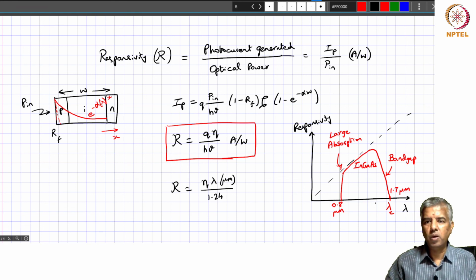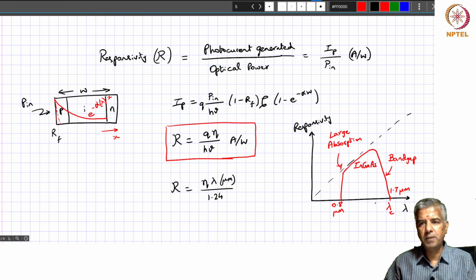But if you have sensing applications where you are using visible radiation, which is like 0.4 to 0.7 microns and so on, you are not able to detect that using indium gallium arsenide detectors. What you use there is a silicon photodiode.